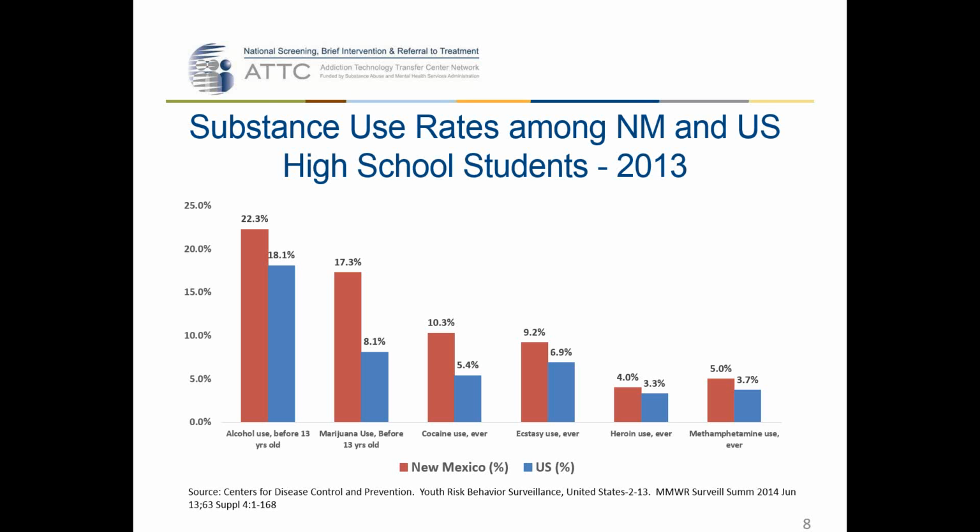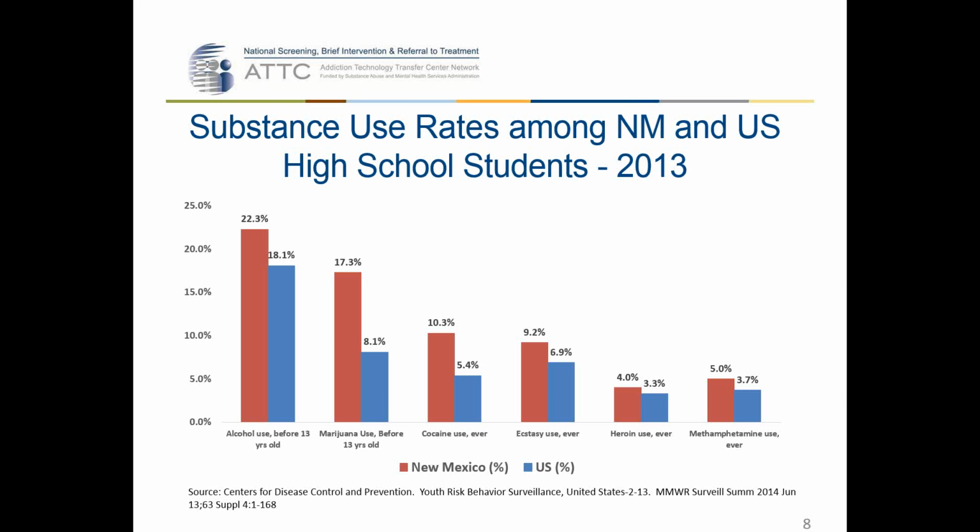And that's before the age of 13. That's not probably a surprise to many of you who are school-based health providers, but it is a higher than average number. We have a serious alcohol problem in the state, as you all know, and we really hope that we can do something about that.